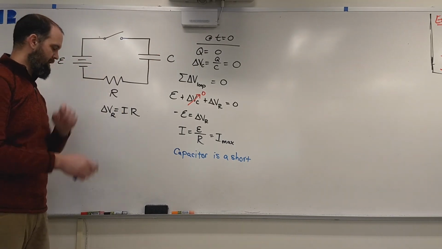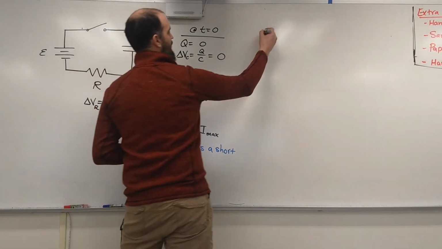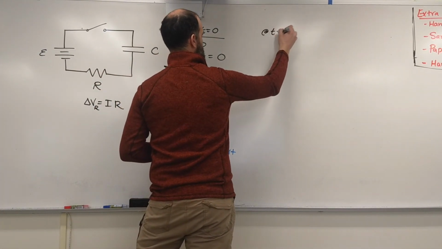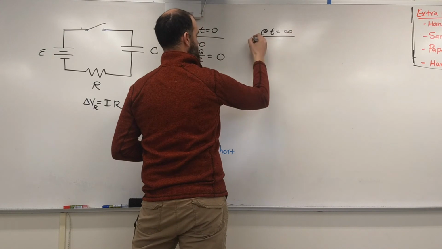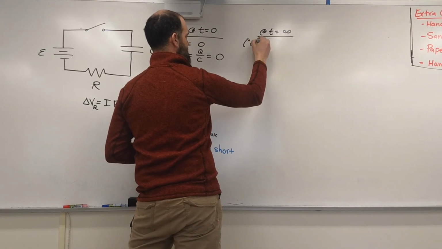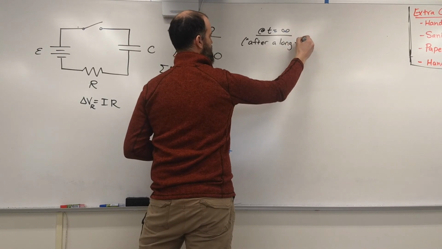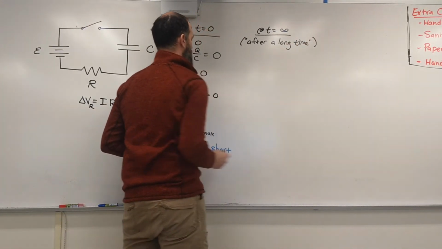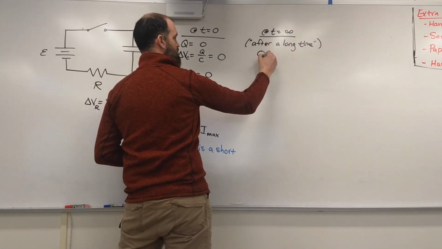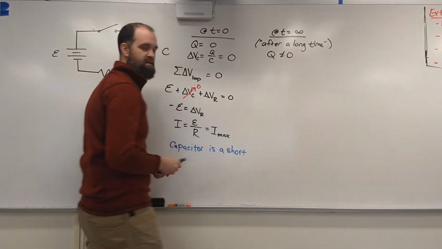Okay? But let's take a look at what happens after a very long time. So if t is equal to infinity, or if you read problems, it says after a long time. Well, after a long time, the Q is not equal to 0. Is it?